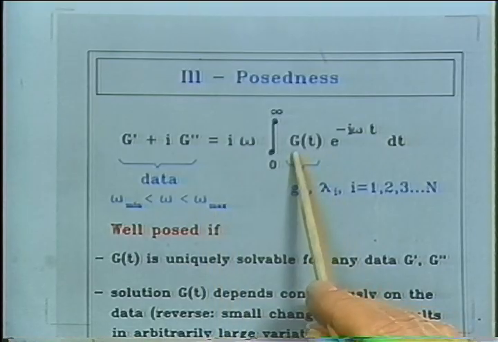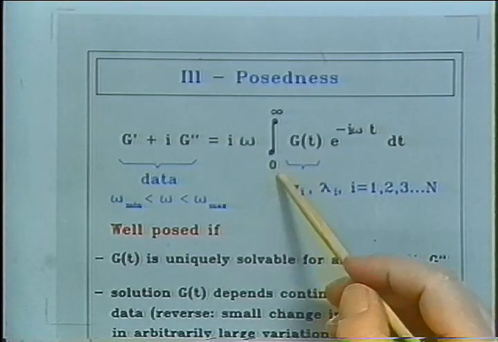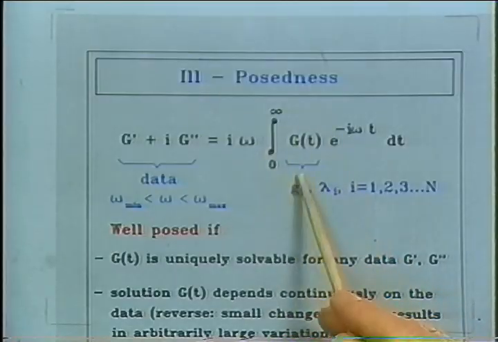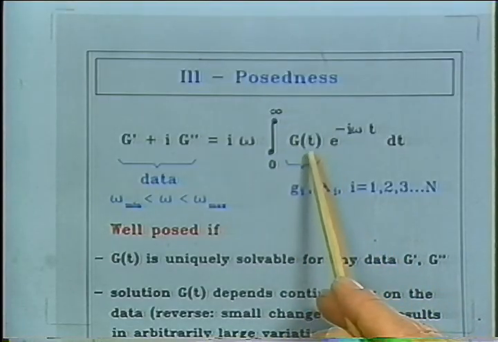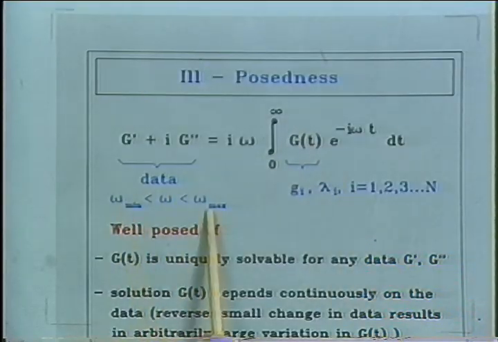But our objective is to find a relaxation modulus over a wide time range, a range from 0 to infinity. So for the inversion, we really would need data over the whole frequency range, not just over a frequency window. So somehow the formulation of the problem is incomplete.